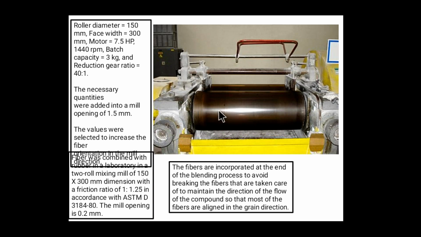During the blending process, to avoid breakage of the fibers, care is taken to maintain the direction of the flow of the compound so that most of the fibers are aligned in the grain direction. The samples were milled for sufficient time to disperse the fiber in the matrix, with the mill opening, as I already said, at 1.25 mm. After completing the mixing, the sheet was pulled out.